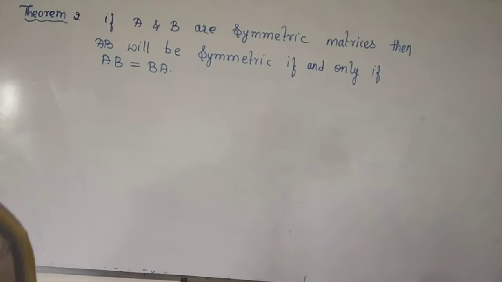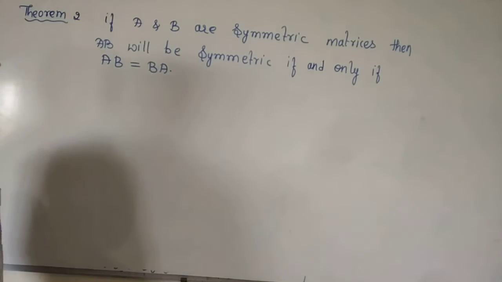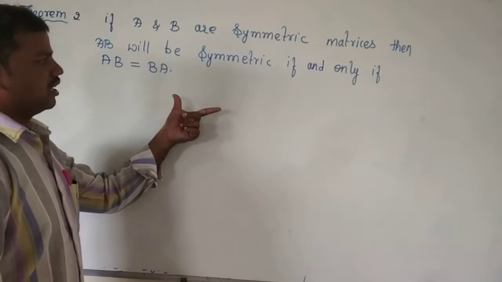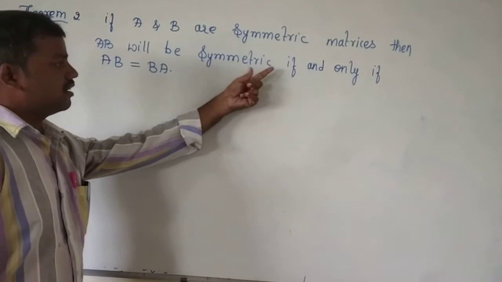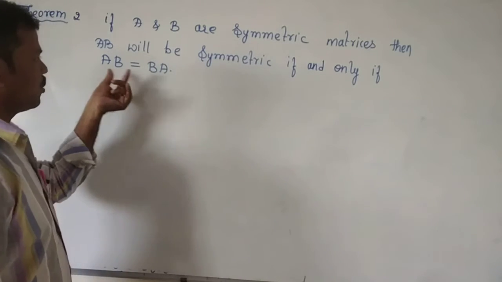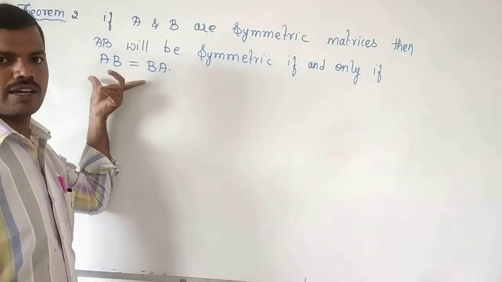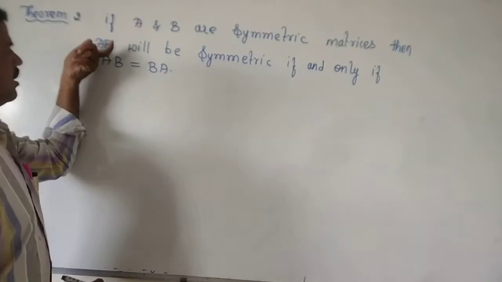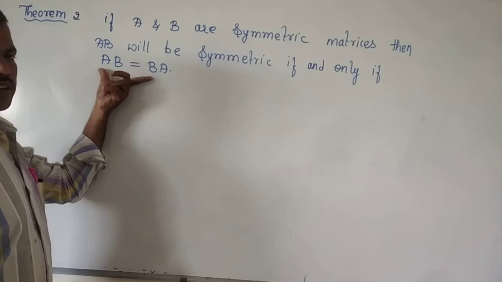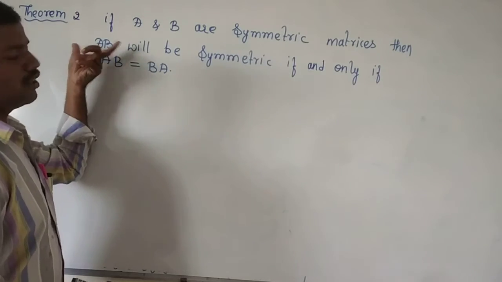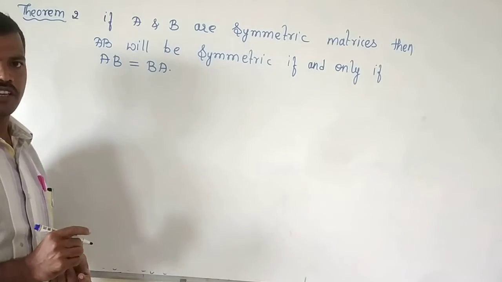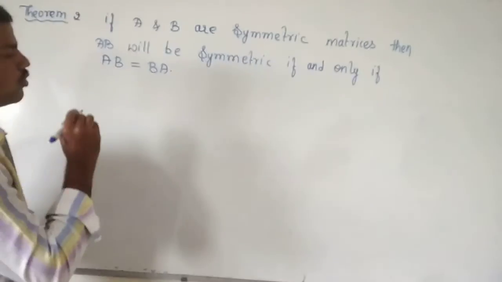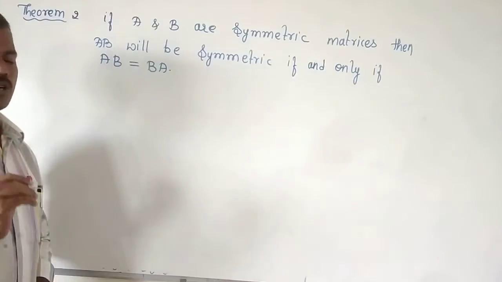So what we have to show is, if and only if A into B is symmetric, that is, if and only if A into B equal to B into A, these two are equal. First, if A into B is symmetric, then I will show this. Conversely, I have to show both. So first, let us consider what is given.